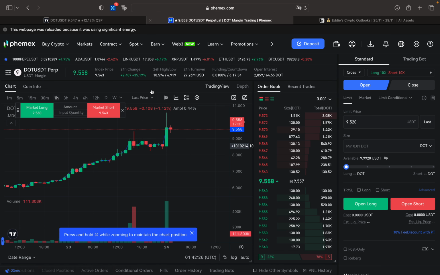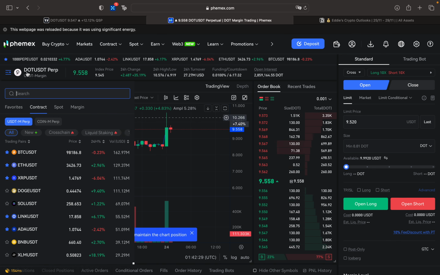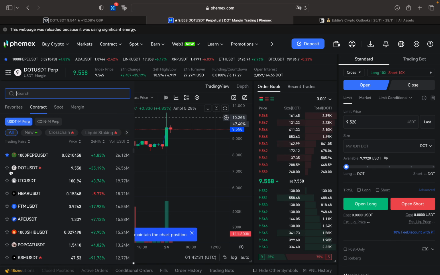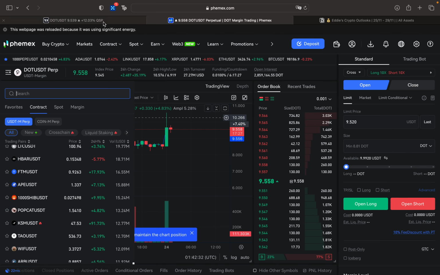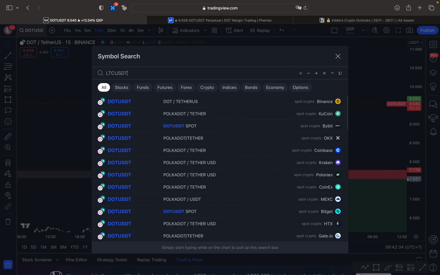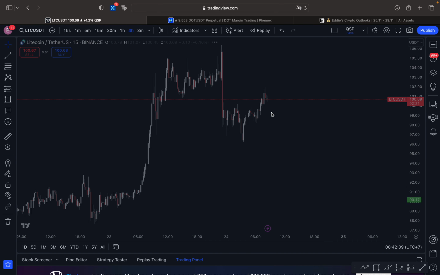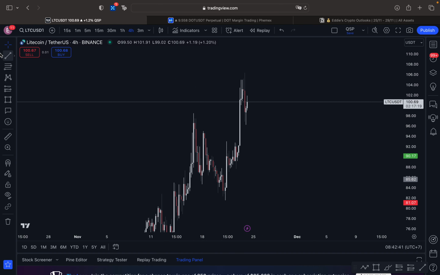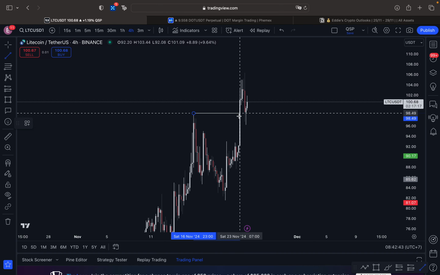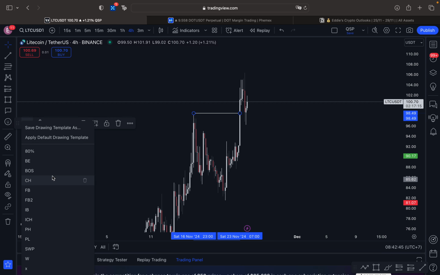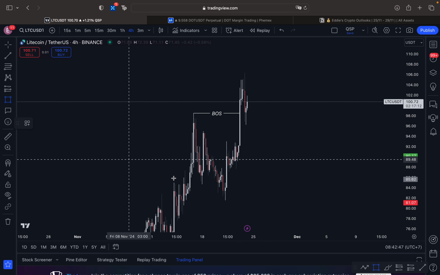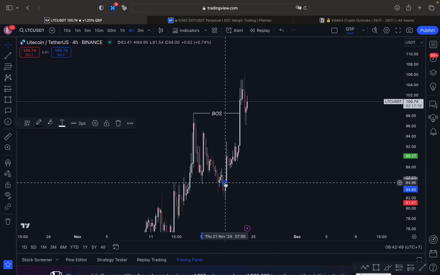Nothing on dot. So I'm just gonna leave that out. Dot, done. LTC, H4. Okay, LTC has a good continuation. We have a breaker structure, and then we have a demand zone here.